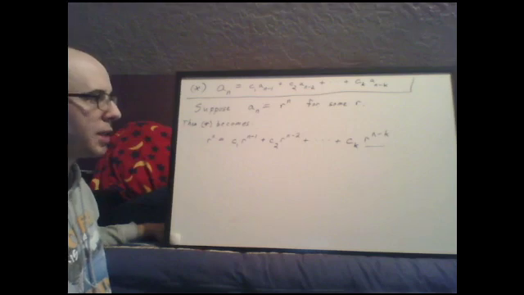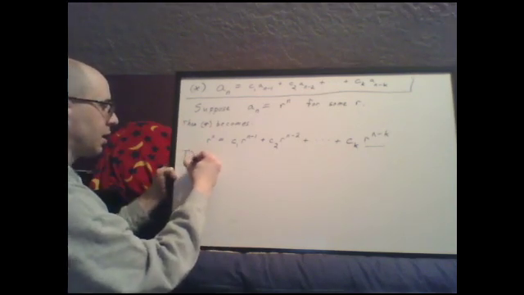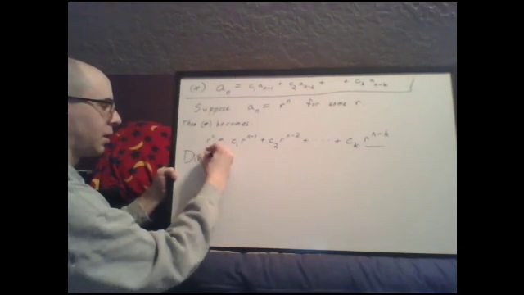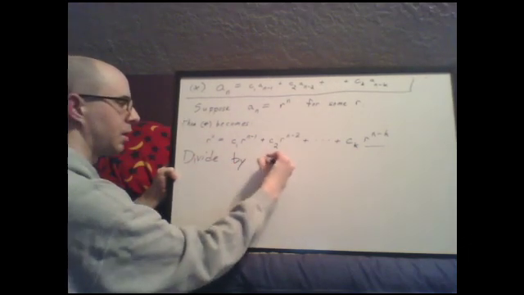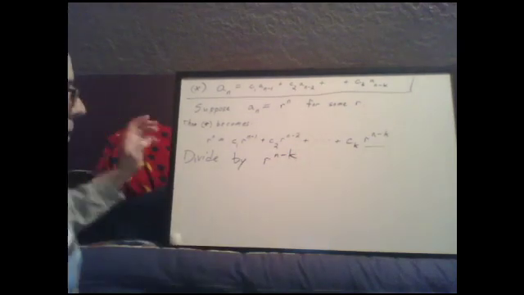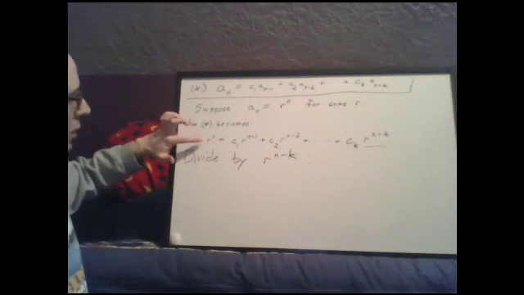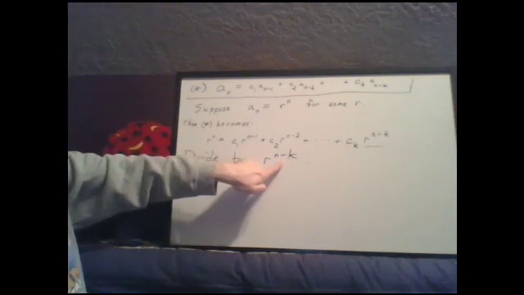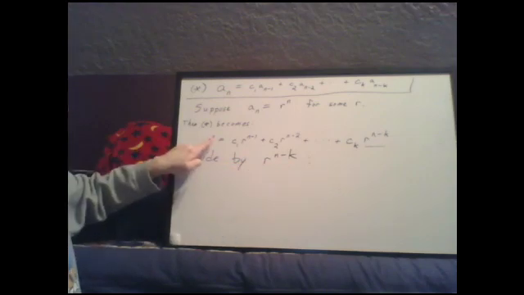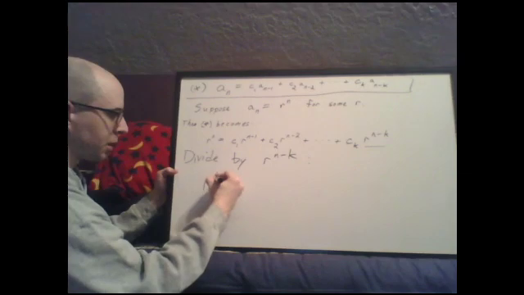So if I divide the entire equation by r^{n-k}, my equation is going to become, if I divide r^n and cancel out n minus k, I'll be left with r^k. So the left-hand side becomes r^k.